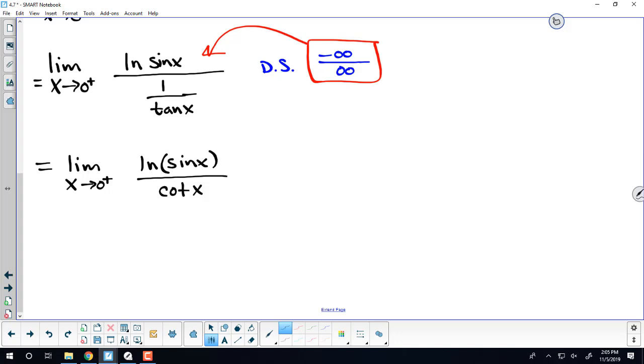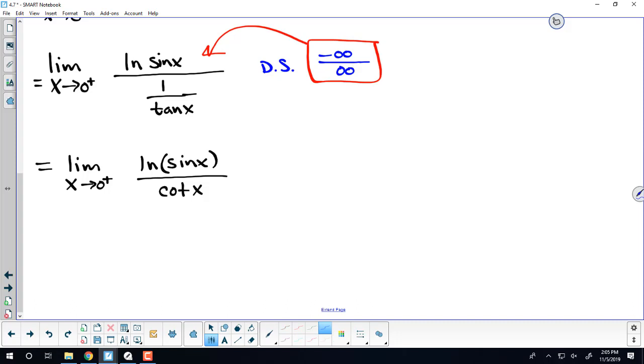I saw a couple of people do L'Hopital's rule twice. Really, you should only have to do L'Hopital's rule once. So it didn't throw anyone off, but really in practice, if you're applying L'Hopital's rule to something else that it doesn't apply to, it can totally lead to erroneous results. So if you applied L'Hopital's rule twice, you shouldn't have, and you just got lucky.